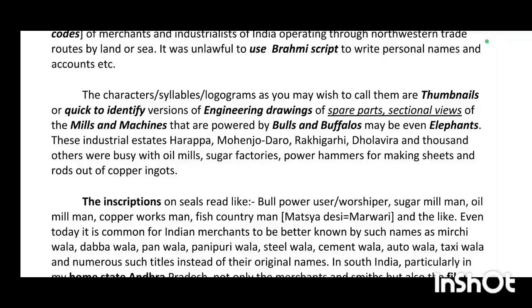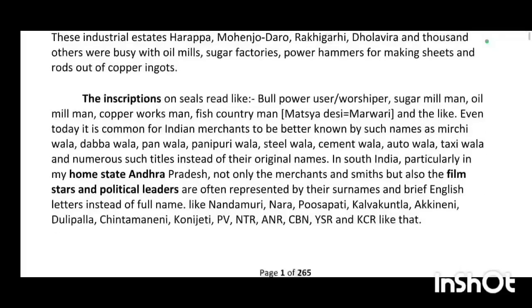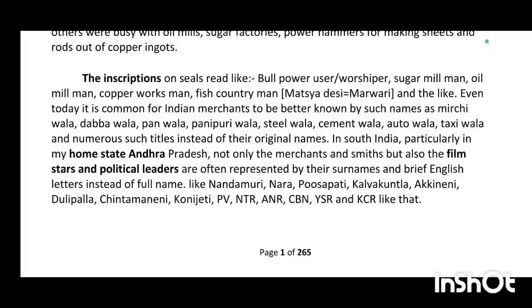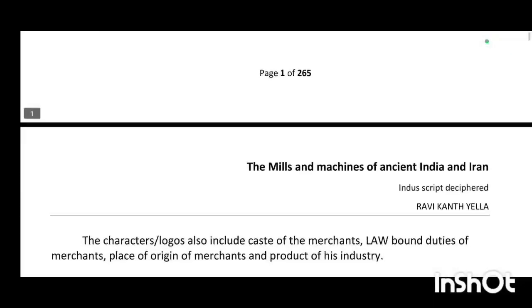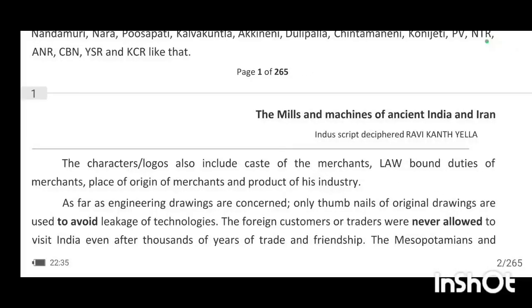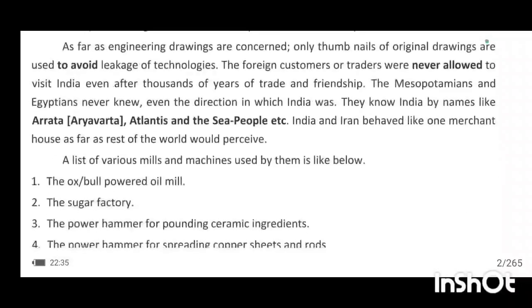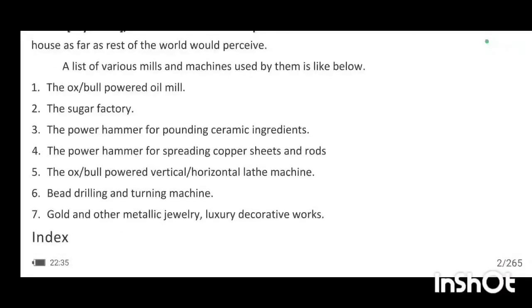The symbols and signs on seals are not the alphabet of any language. They are representations of their machines, those parts, the products. They were making sugar, extracting edible oil, making jewelry and many luxury items, and they were exporting to Sumeria, Egypt, and even China.